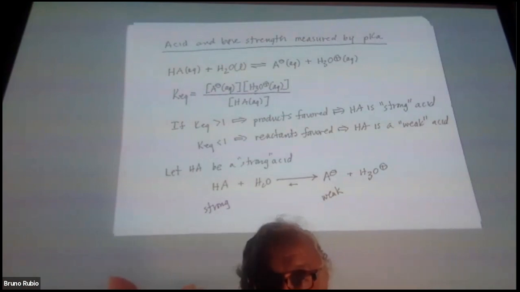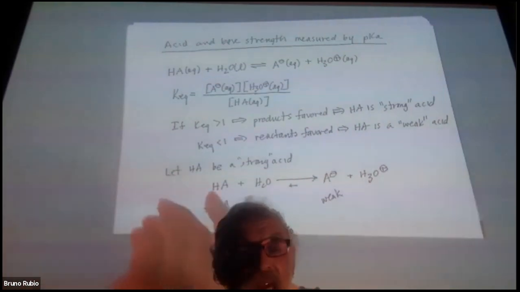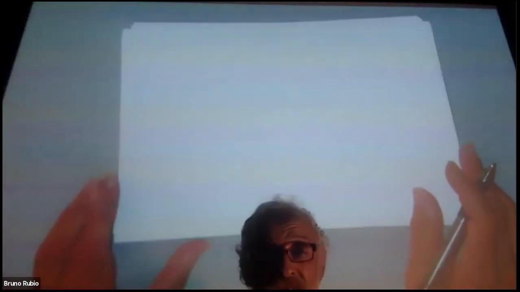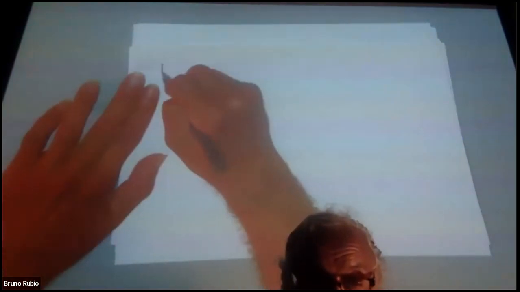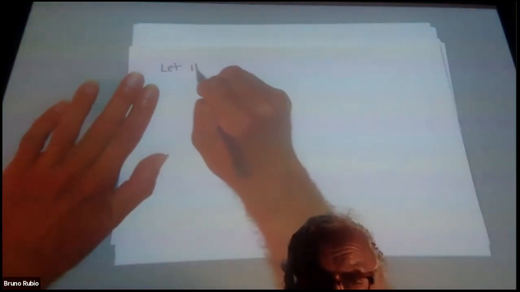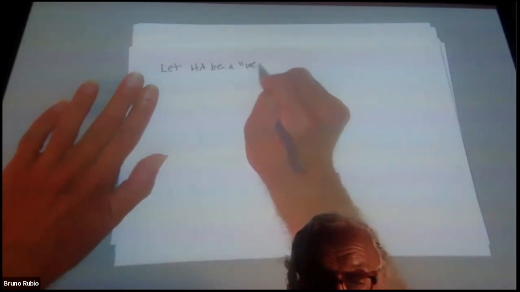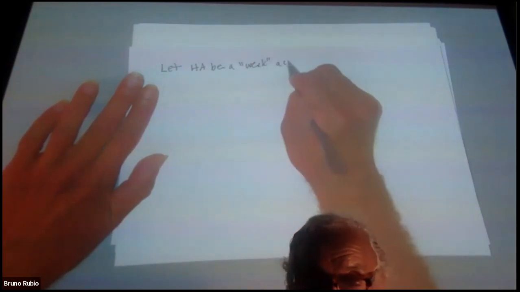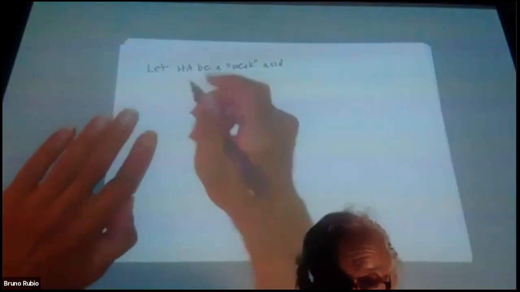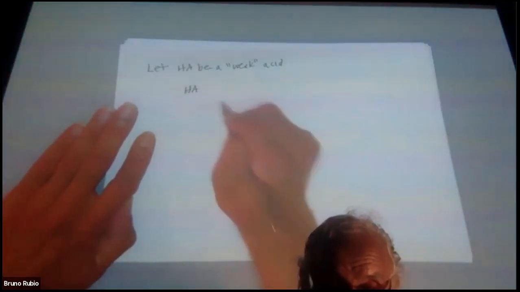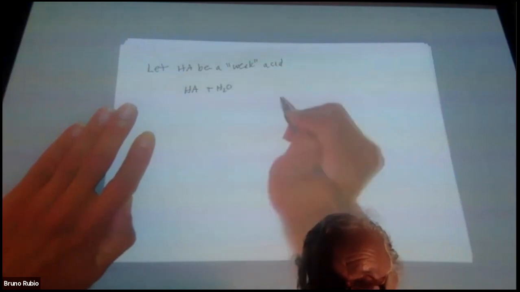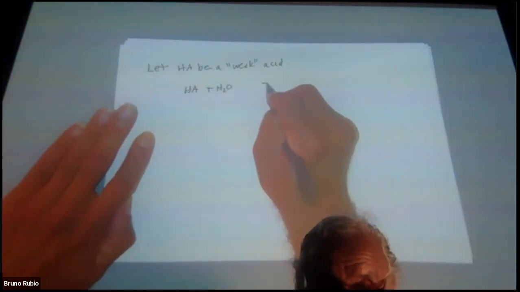So that's an important thing to remember. A strong acid is going to have a weak conjugate base, and conversely, a weak acid is going to have a strong conjugate base. So if we let HA be a weak acid, then once again we can write our equilibrium, HA plus water, but this time HA doesn't want to give up the proton.